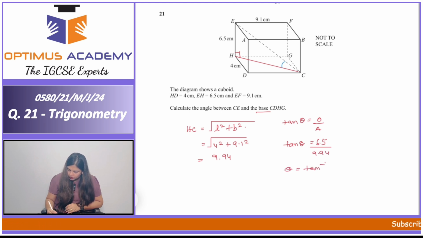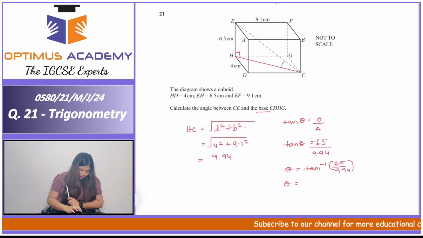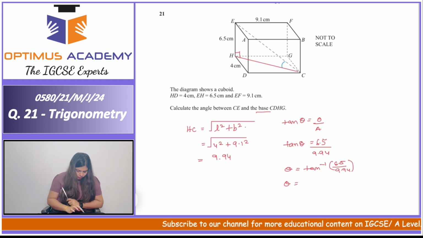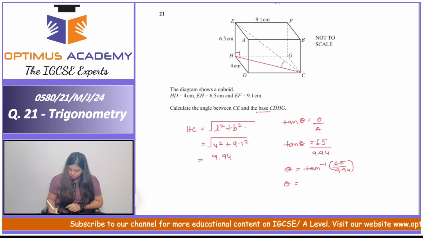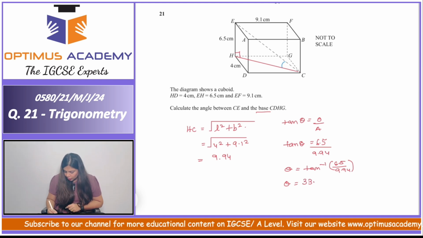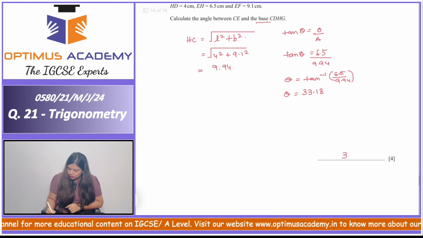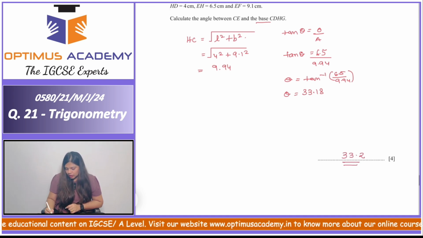Tan inverse of the above values, we would get the angle as 33.18. Angle being written in 1 dp, we are going to write 33.2 as the final answer.